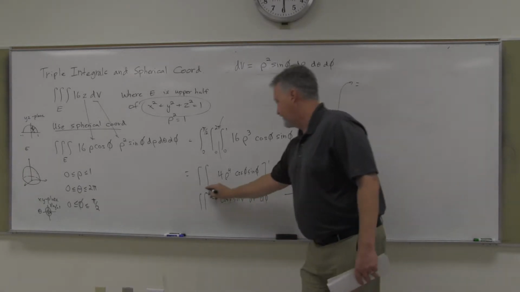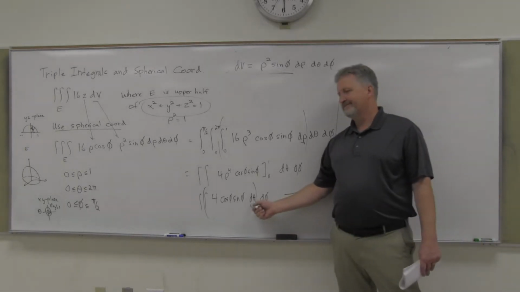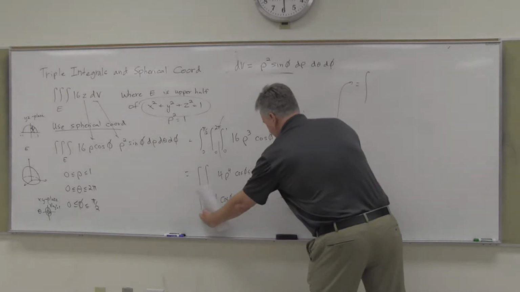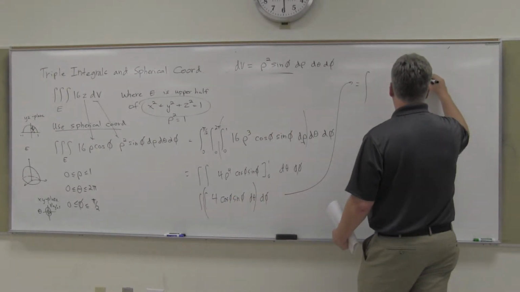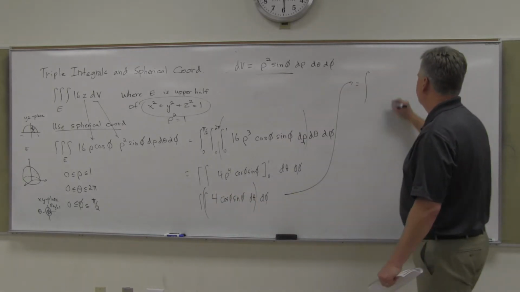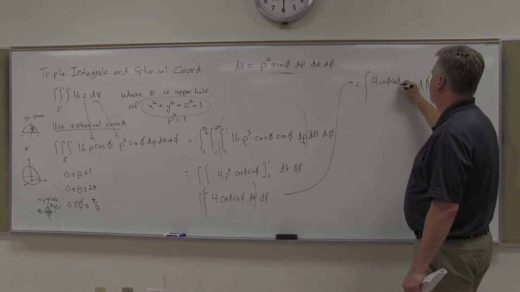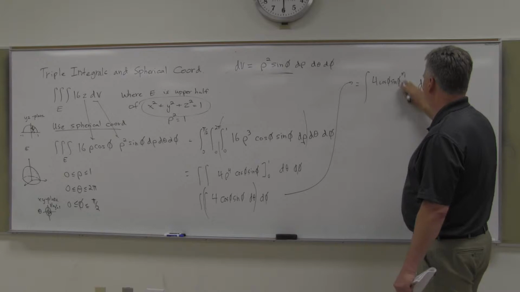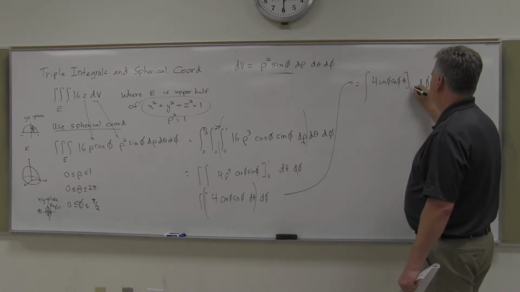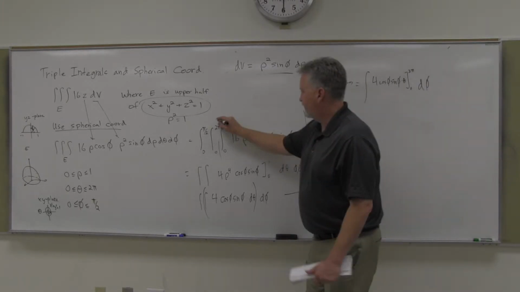So now we're doing the integral with respect to theta. Well, there's no theta in that, so we'll have, of course, the integral still to do with phi, but the integral here is just 4 cosine phi sine phi, and that's a value times theta. That's evaluated from 0 to 2 pi, that's our theta limits.